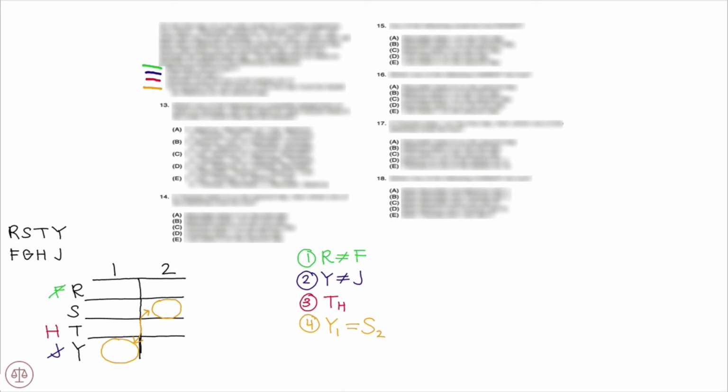So Y on day 1 cannot be J and it cannot be H. So Y on day 1 is either going to be F or G. So we can write that in, F or G, F or G.